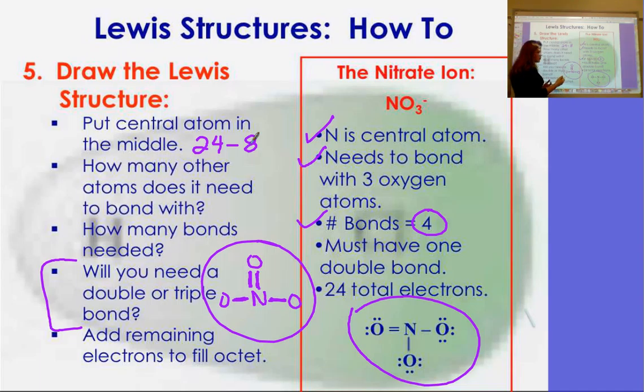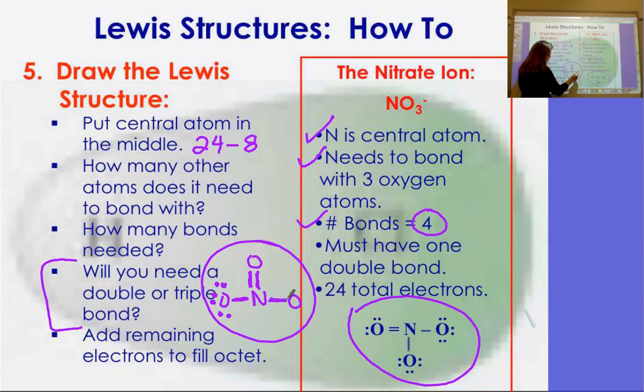Make sure each element has their full 8. So nitrogen has 2, 4, 6, 8. He's happy. This oxygen over here only has 2. So that's when I add the dots in pairs, 3, 4, 5, 6, 7, 8, so that each element has a total of 8 valence electrons.